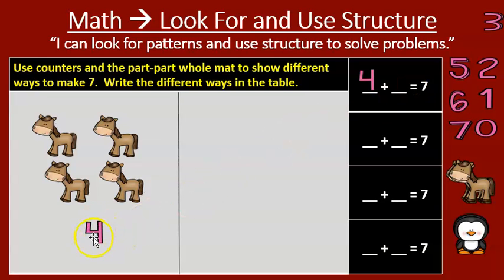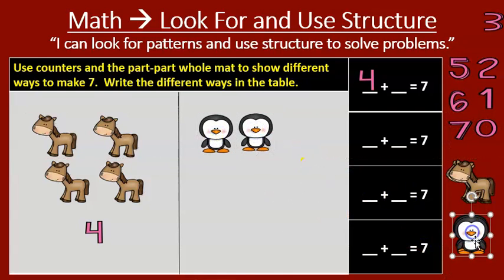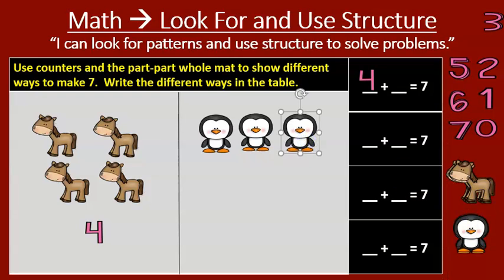Here we go. 4, 5, 6, 7. And look, we're done now. We have 1, 2, 3, 4, 5, 6, 7, which is this number, 7, okay?